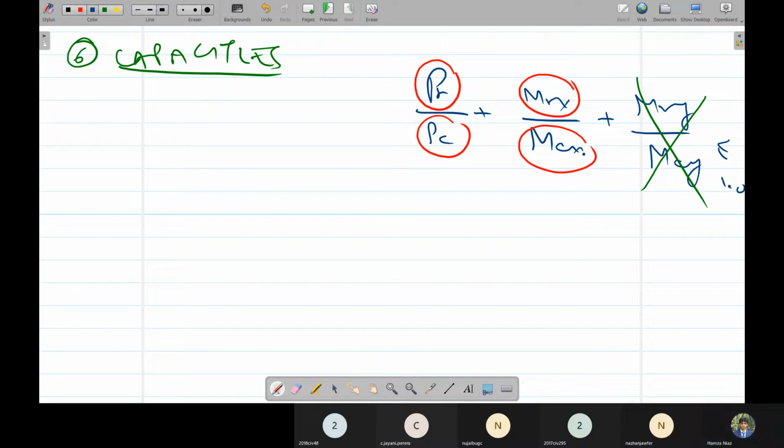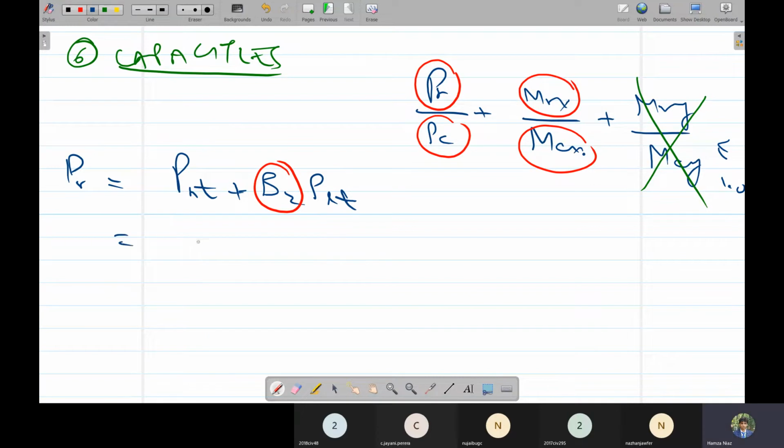PR: like we have done before, the formula is PNT plus B2 times PLT, or we simply sum these outputs. Now we are going to sum them by multiplying by B2.